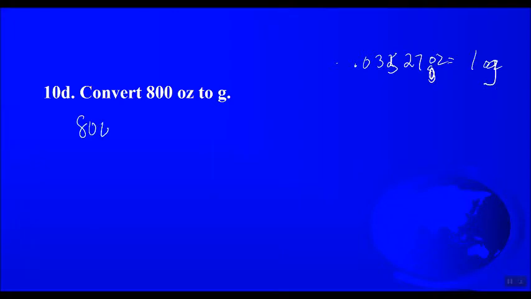So 800 ounces, 0.03527 ounces in 1 gram. Pause the video.